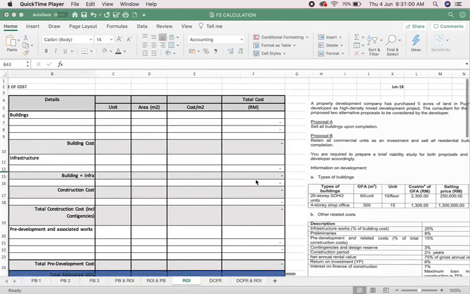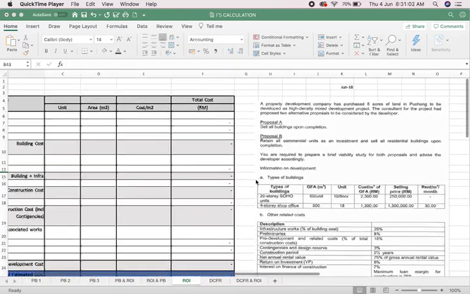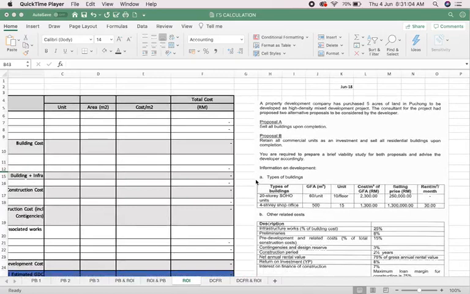Let's move into the other calculation that we are focusing on, ROI only, but this involves a rental per month, so it requires you to do the comparison between the options. The question asks: if the company has 5 acres of land, they have two options.